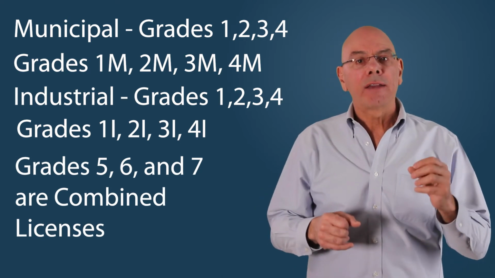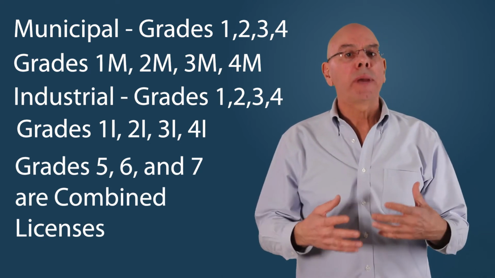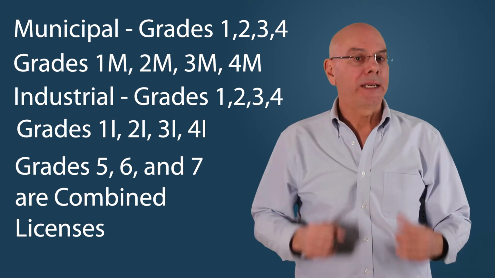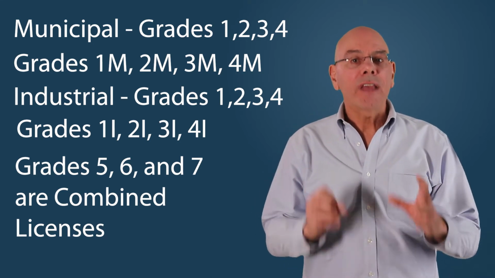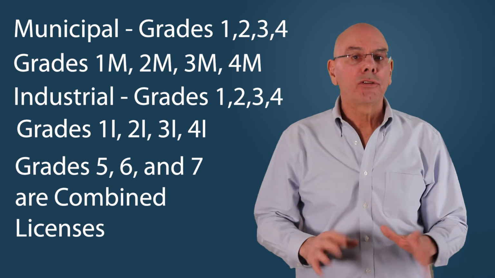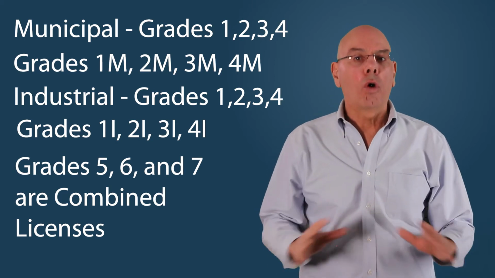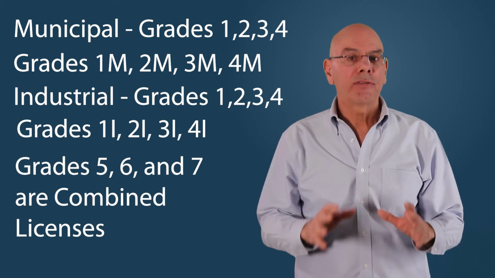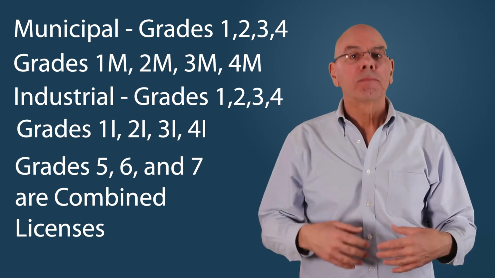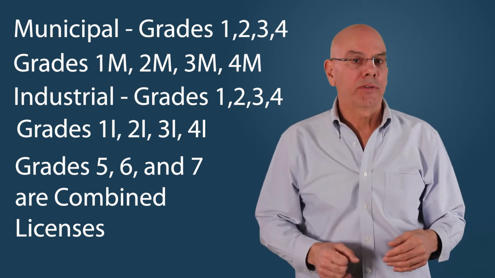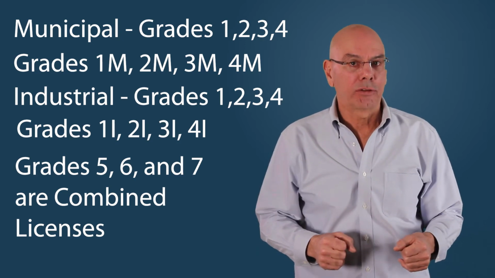The grade 5 or 6 license requires you to pass the grade 5 or 6 combined exams. The grade 7 license is the highest license you can have in Massachusetts, and it's only available if you have enough work experience at an appropriate wastewater treatment facility and a grade 6 license.